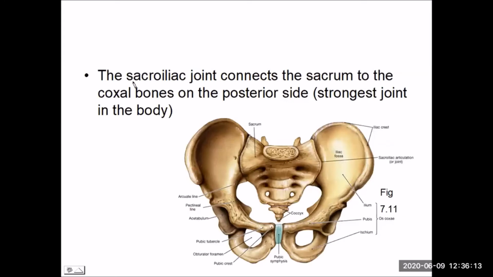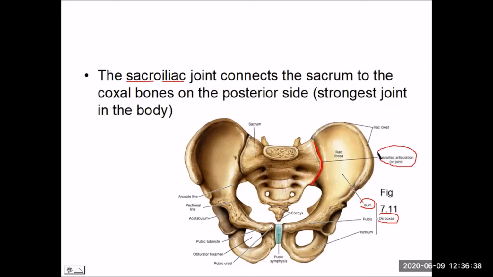So what's known as the sacroiliac joint, we can start with the coxal bone. The superior portion of the coxal bone is formed by that ilium. And we see here where the ilium bonds on to the sacrum. That's that area of the sacroiliac joint.